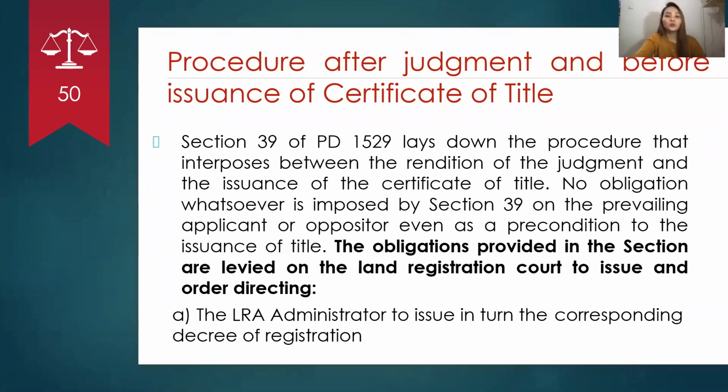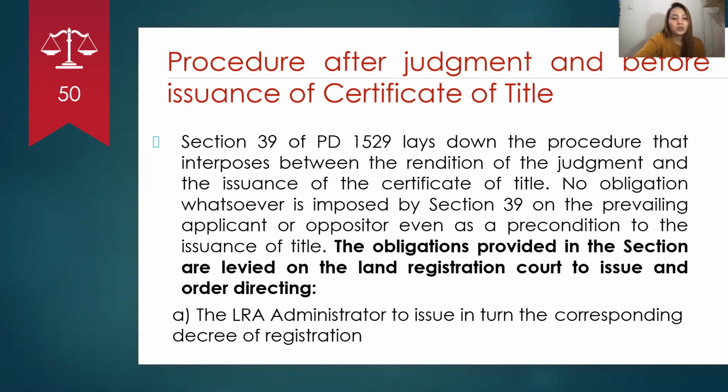With regard to procedure after judgment and issuance of certificate of title, Section 39 of PD 1529 lays down the procedure that interposes between the rendition of the judgment and the issuance of the certificate of title.